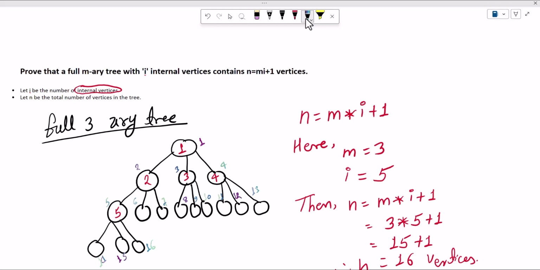In the exam you can assume any m-ary tree. So m can be 3, you can assume 4. If you take a 4-ary tree, it would be more complex for your exam. So for easiness you can take m equals 3. A full 3-ary tree would be your best for the exam. So we can prove it by using this formula, n equals m into I plus 1. So hence proved.